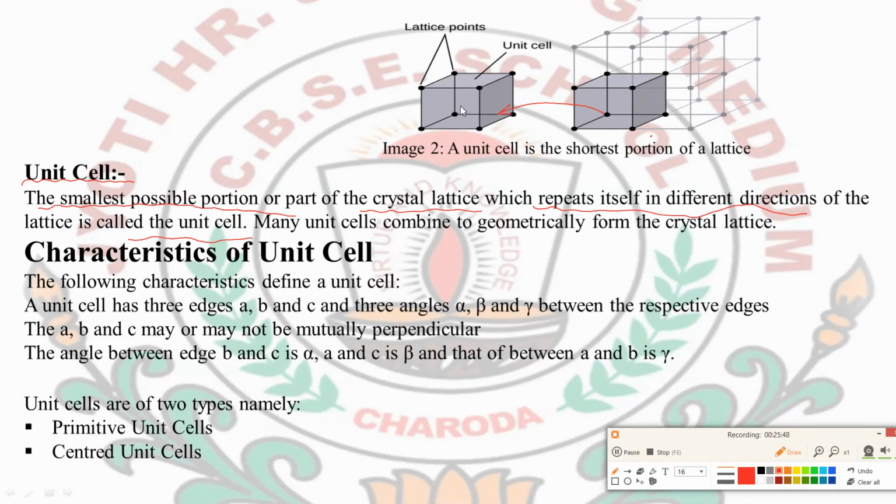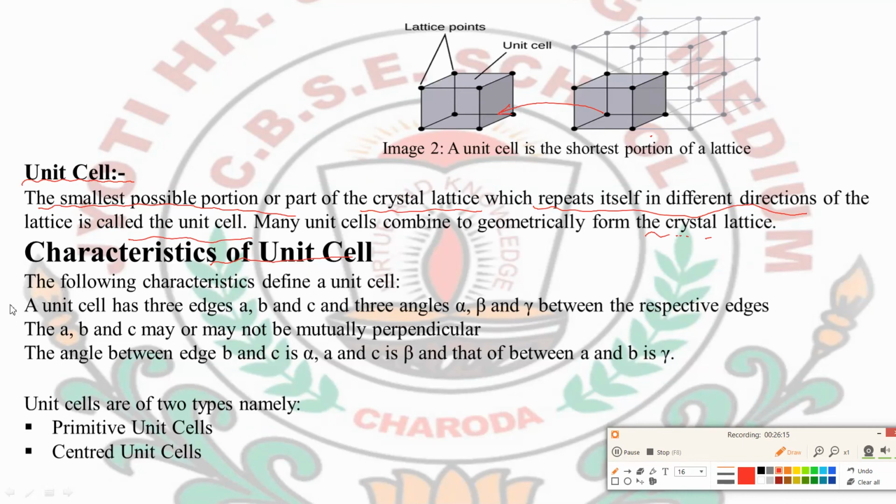Here also the lattice points are joined together to form this smaller cube. Many unit cells combine to geometrically form the crystal lattice. It means that this unit cell will be repeated regularly and joined together in order to form a crystal lattice.